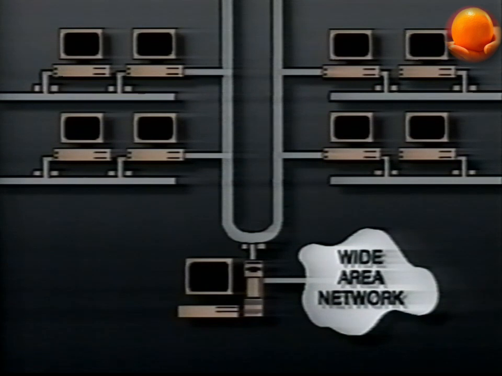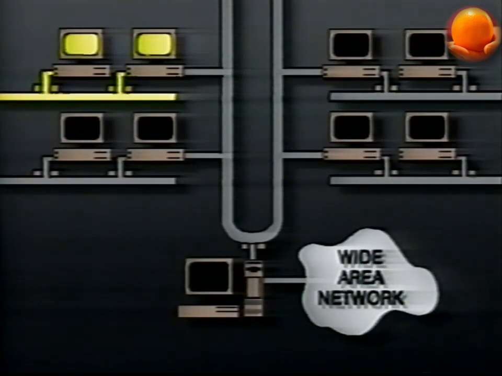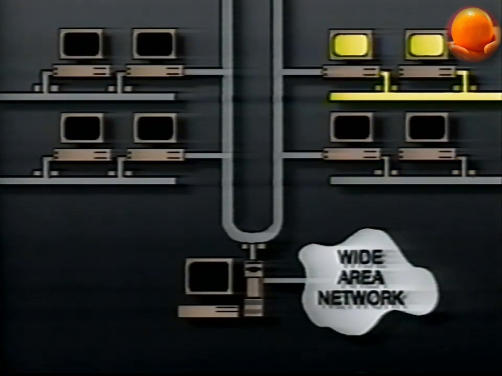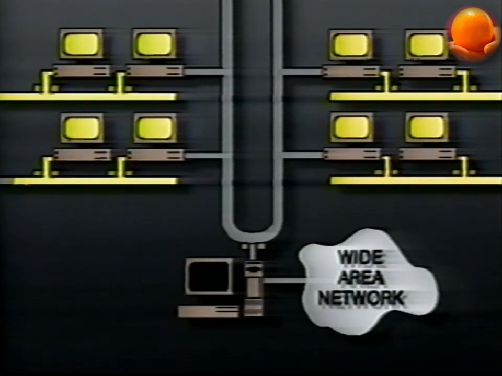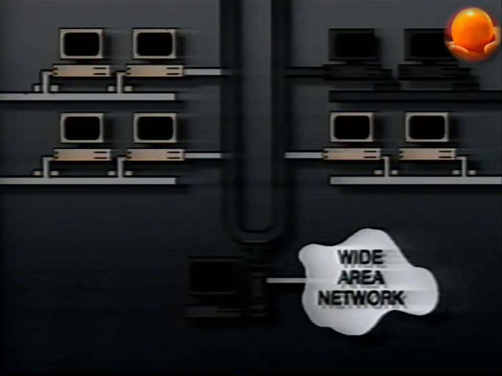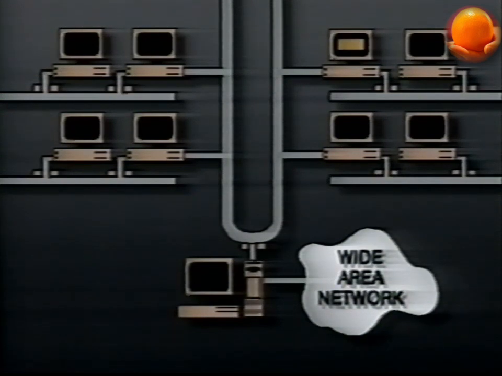The advantages of a backbone network are significant. The attached LANs operate independently, so each can continue to function even if another network or the backbone network fails. The backbone network filters message traffic by forwarding messages only to the networks they are being sent to.